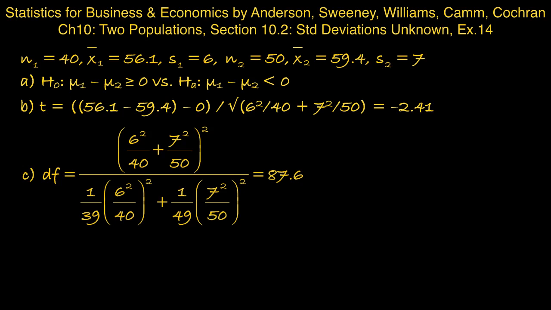and then we'll find where our t-statistic minus 2.41 would lie in that t-table to get a range for the p-value.